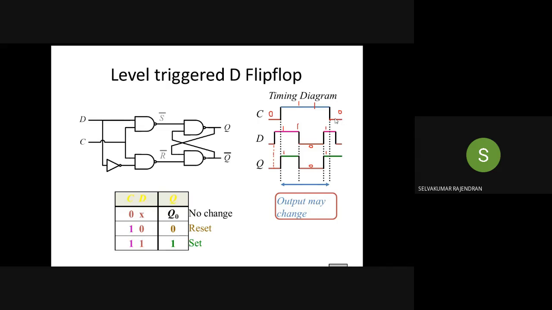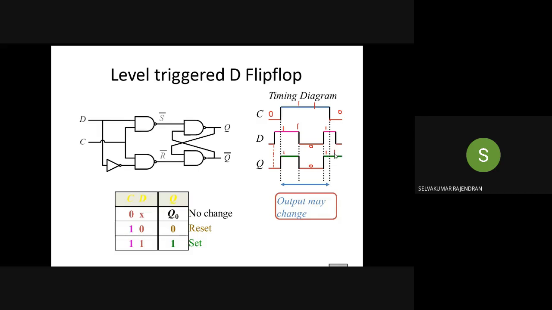If the clock is disabled, what will happen? Irrespective of whatever the data in the input line, that is the value of D, Q does not care about that. It maintains previous state values. Up to this time, Q is logic 1. If the clock is disabled, then Q maintains the previous state value.